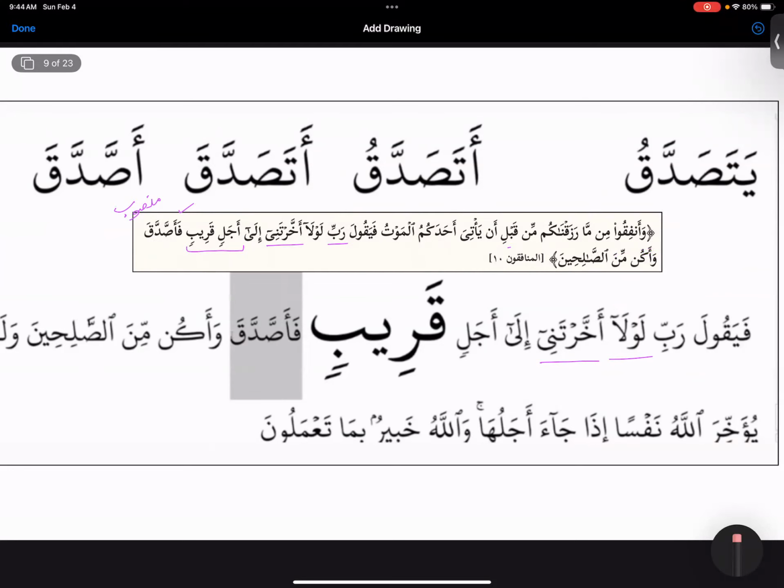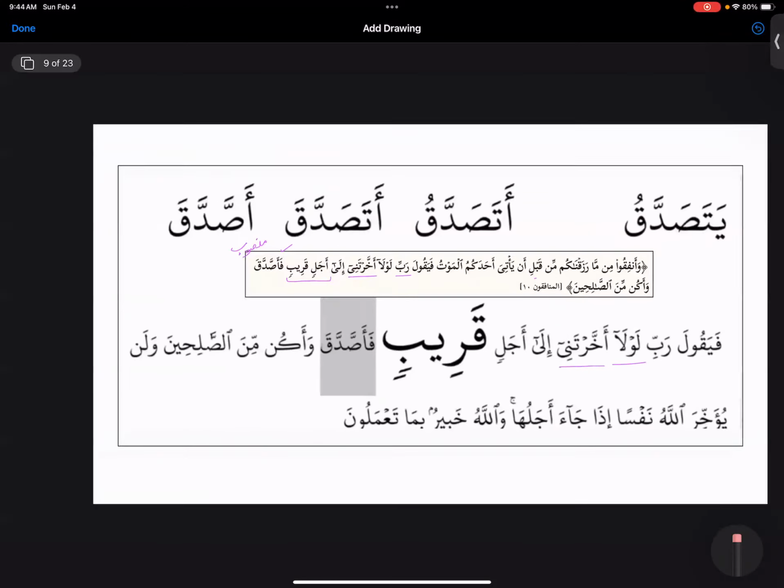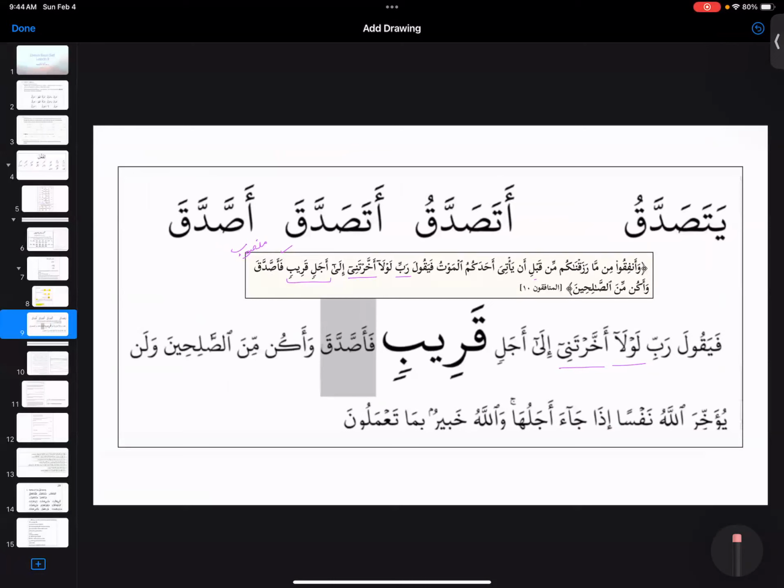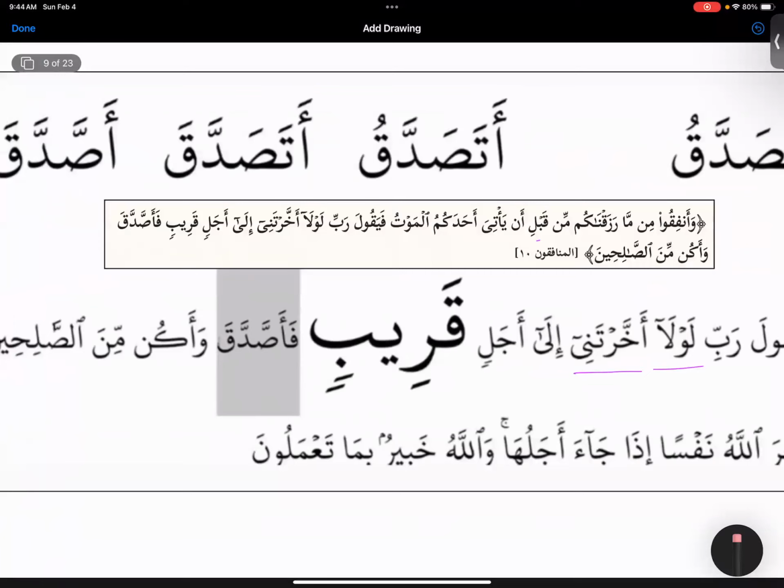So beautifully explained by Ustad Noman. He said that fa'aswaddaka, he's saying that I will give charity immediately, right? Without any delay, because now he realized. But this giving charity of him, wa'akum minas salihin, and I be from the salihin, right? This is his wish.